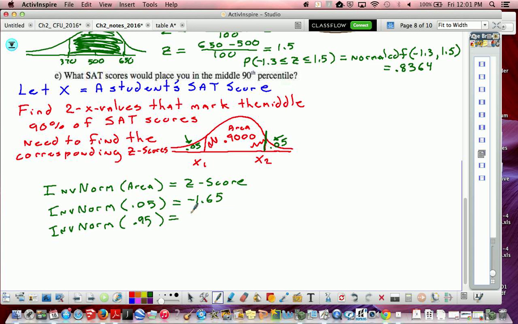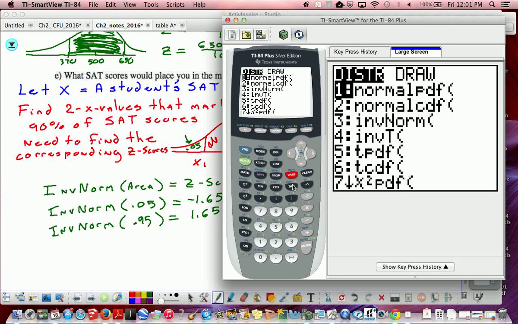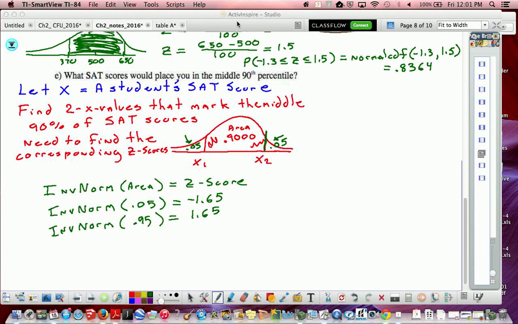So if I do inverse norm of 0.95, I will get positive 1.65. Anyone want to venture a guess why it's just the positive value? Because there's 5% left on each side, so they're equal distance from the mean. It's symmetric, so they should be just opposites of each other.